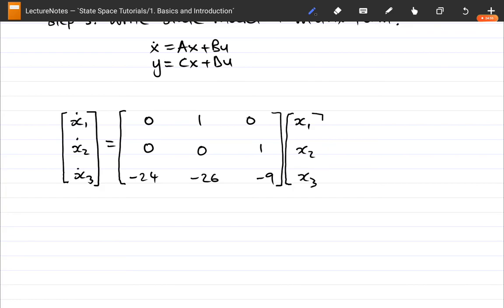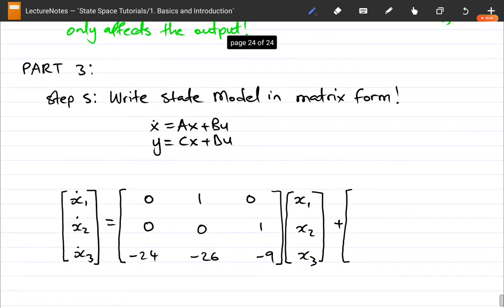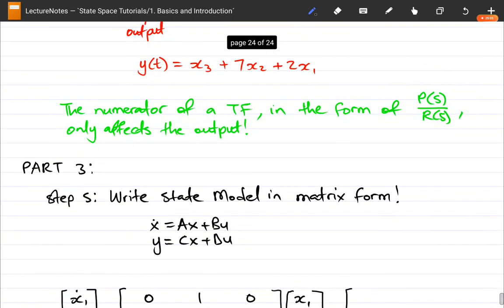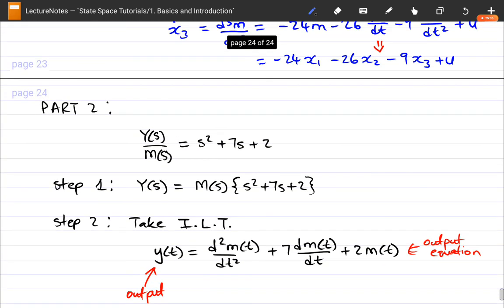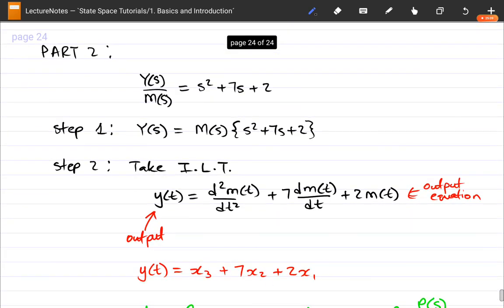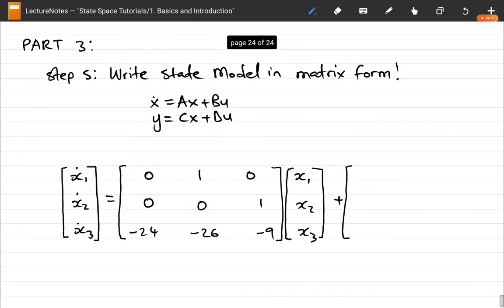Plus, this is going to be our b vector, and our b vector is just the coefficient of our inputs, and our coefficients are just 0, 0, 1 because our input is only affecting x3 dot, so that's going to be 1 and everything else is 0, and there's our input matrix.